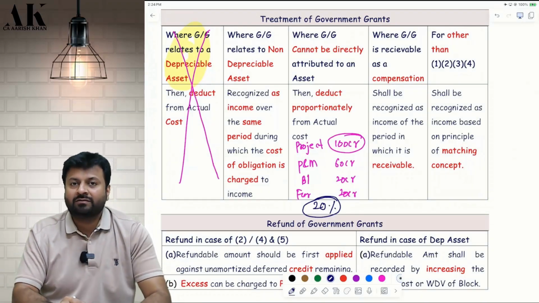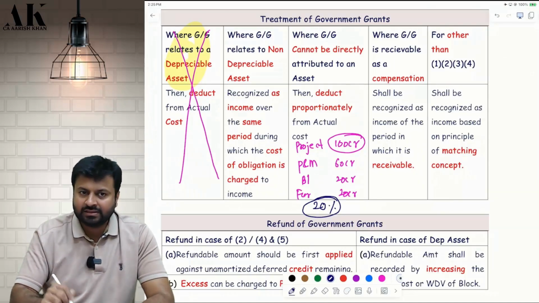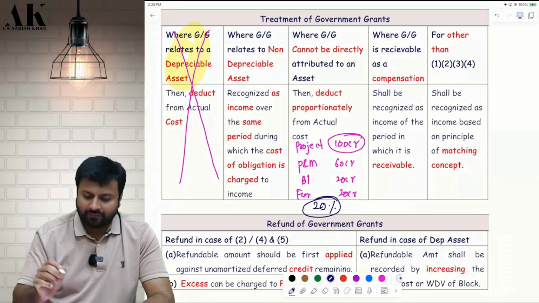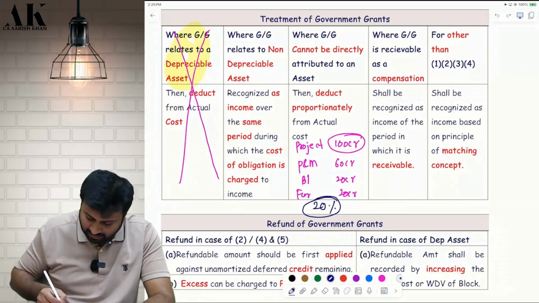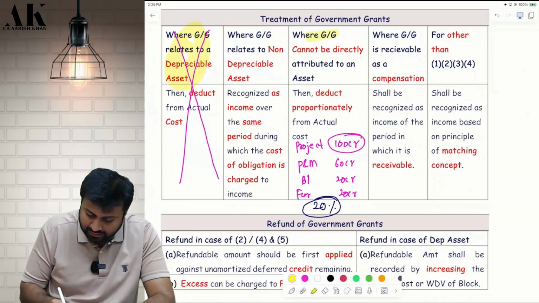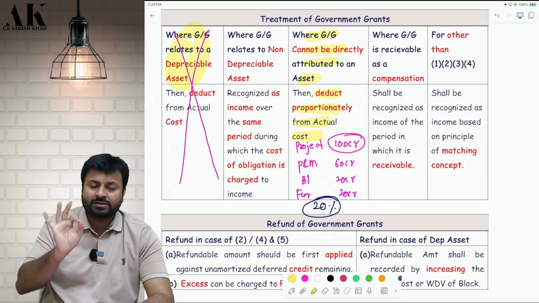He is reducing from furniture because furniture is anyways less depreciation. He's trying to reduce from building, not from plant and machinery. So the ICDS says that where the government grant cannot be directly attributable to an asset, then deduct proportionately from the actual cost. You have to proportionately reduce from all the assets proportionately.